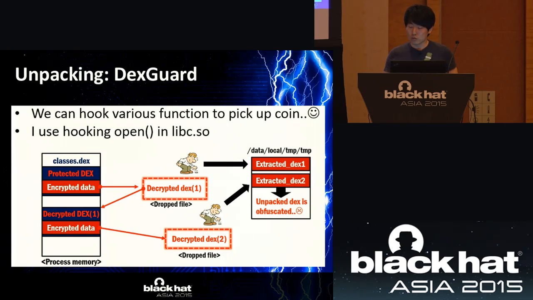With my unpacking method, you can just wait until the unpacked dex is extracted. But in the case of DexGuard, despite the extracted dex being unpacked, the classes in it are obfuscated, so we can't analyze the code logic well. However, we can anyway extract the unpacked dex from an Android application packed by DexGuard.